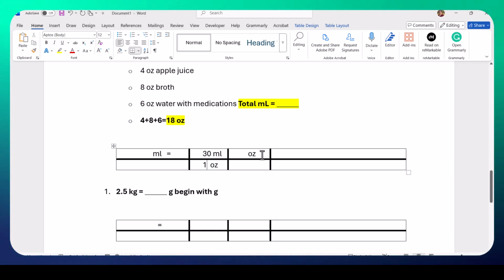So as you do these, you're actually memorizing your conversion factors. I have 18 ounces I need to convert. Yep, 18 ounces. All right, invisible 1 under here. Let's do the math. You can grab your calculator and it should give you 540 milliliters because we divide by that 1.